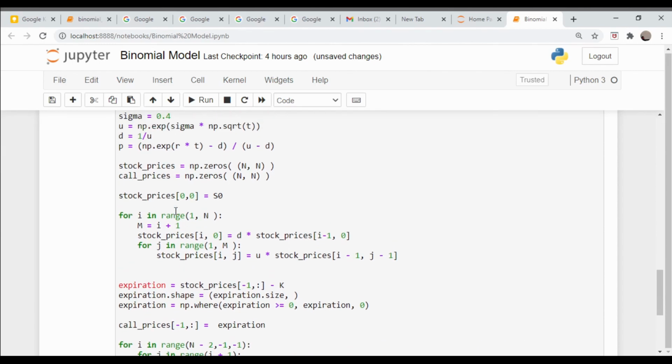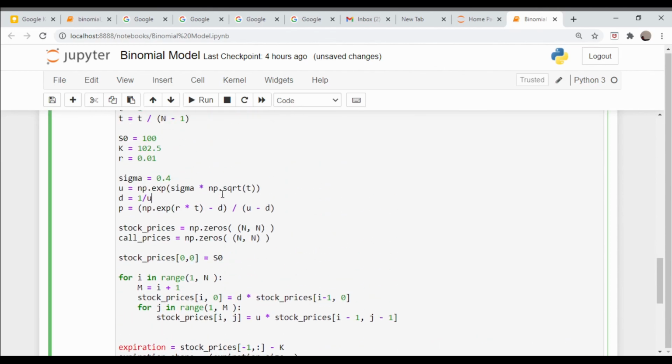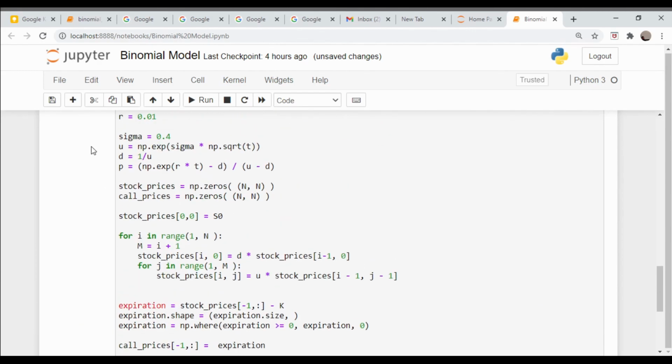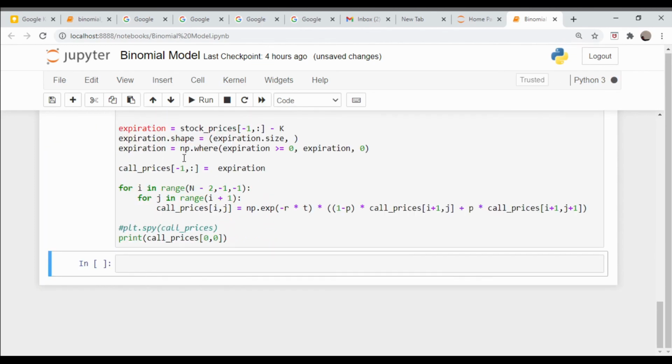Another change I made is that the code was running very slow. If you recall, there were warning messages that rearranging sparse matrices is inefficient. So I just made these dense matrices of zeros, and now it runs reasonably well, at least fast enough for this type of demonstration. With 5 nodes, we get a price of 14.7. Let's go to 500 nodes.